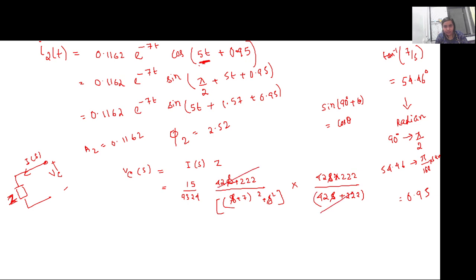We can get rid of this term. So it will be similar to 15 by 9324 into 42 into 222, and it will be S by S plus 7 whole square plus 5 square.